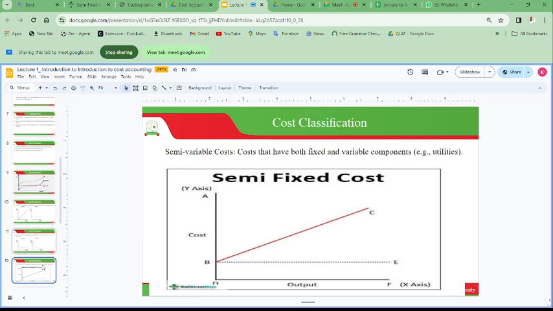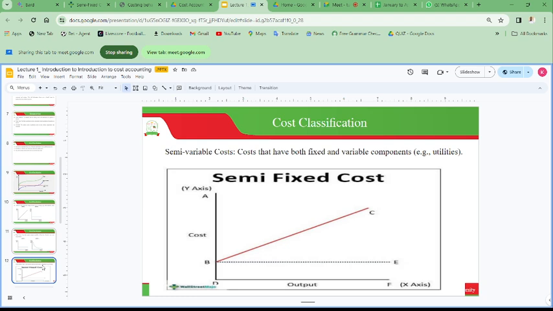So let's look at the example of semi-fixed cost.